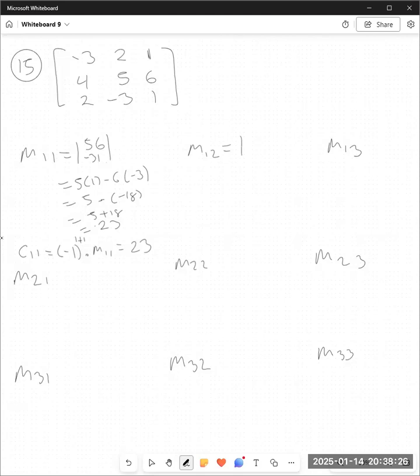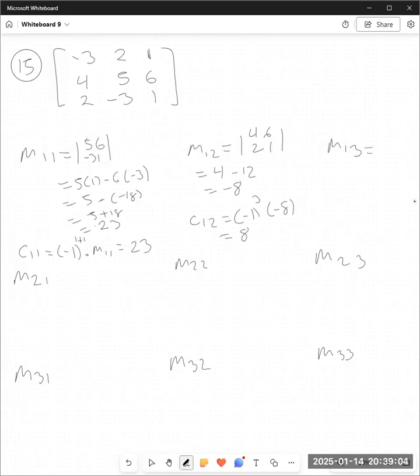So let's look at M12. So cover up row 1 and column 2. That leaves us with 4, 6, 2, 1, which is 4 minus 12 is -8. And so C12 is going to be -1 to the third times -8. That's a -1 times a -8 is a +8. M12 is 4 minus 12, C12 is 8.